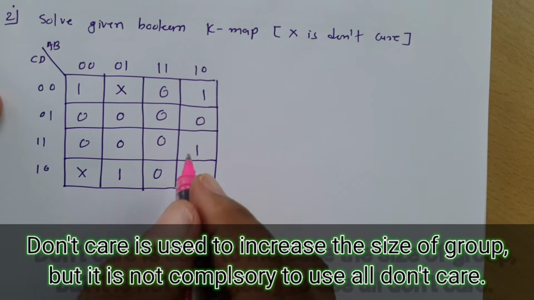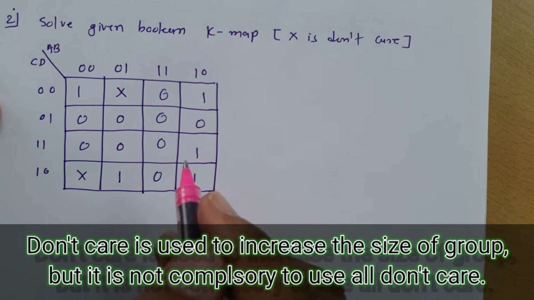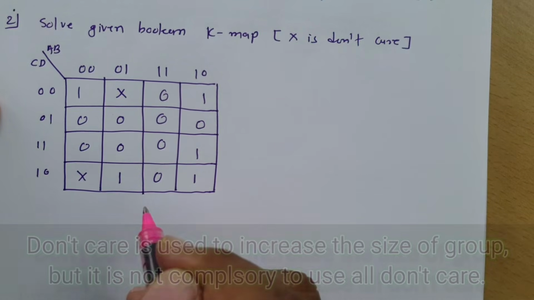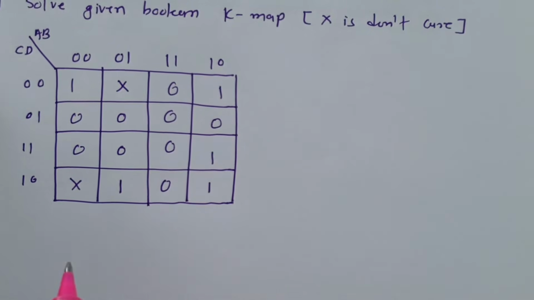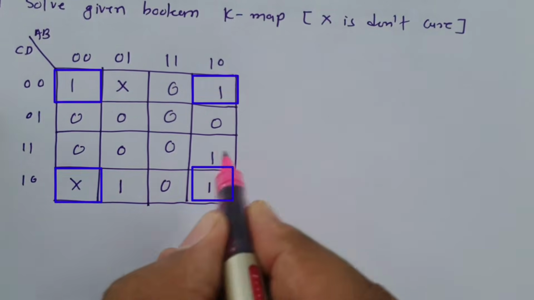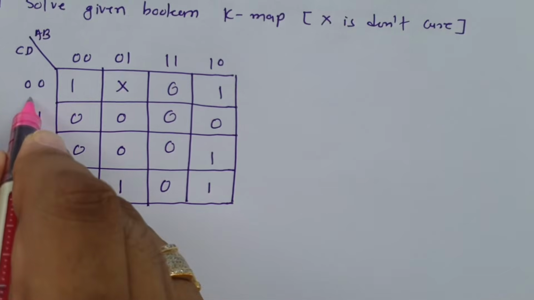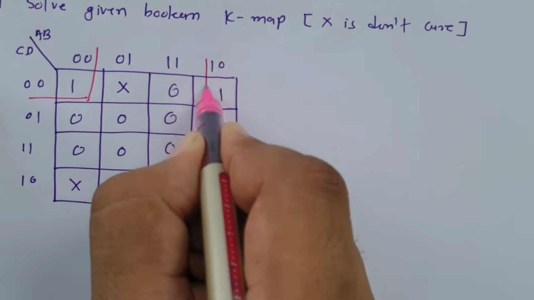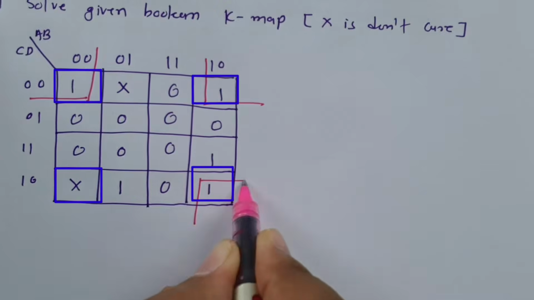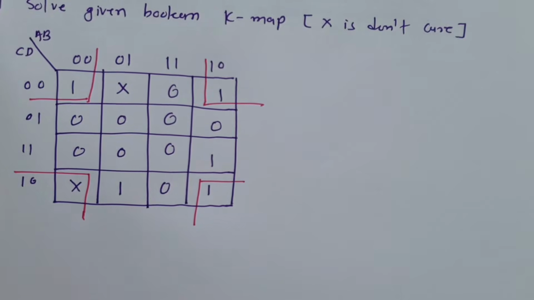To solve this problem, first we need to see what is the largest possible group. If you observe corner grouping, then I can have a grouping of size 4 cells. So this is my first group.